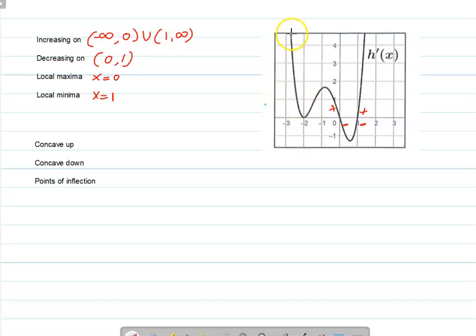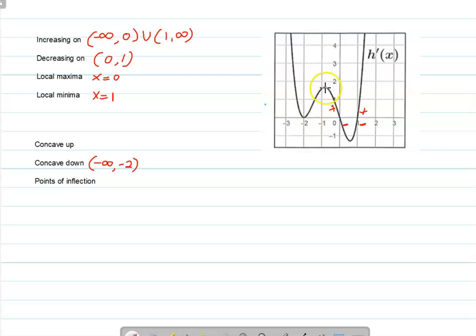So this derivative is decreasing from negative infinity to negative 2. That means the second derivative would be negative for this interval. And when the second derivative is negative, the function will be concave down on this interval. So the function is concave down first from negative infinity to negative 2.